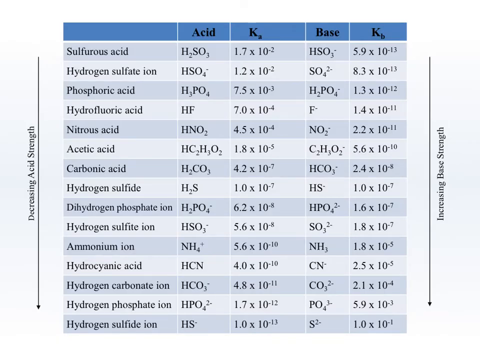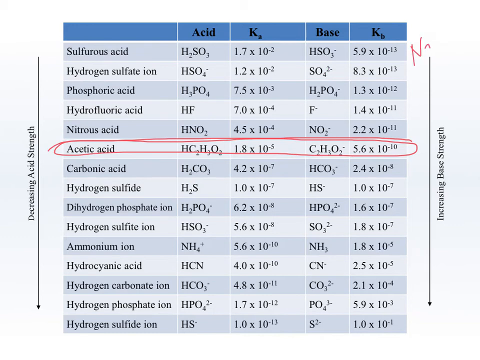So let's look ahead at the next problem. Calculate the pH of a 0.05 molar NaC2H3O2 solution. So I'm going to go ahead and check out the K values for NaC2H3O2. And since Na is the thing that comes from a strong base, I'm going to ignore that.